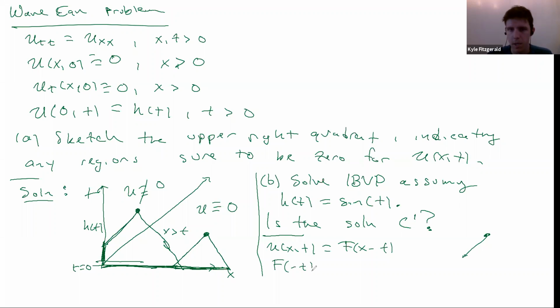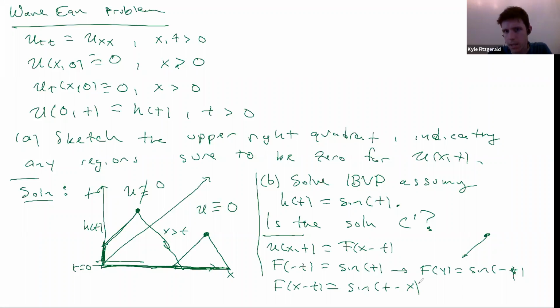And so if you make a simple variable change, y equals negative t for y less than 0, we can use that for u of x,t to say that that equals sine of t minus x for x greater than t, and then we already established that u is 0 for x less than t.